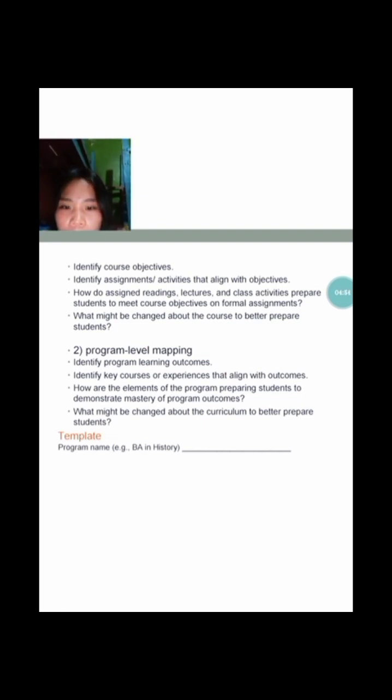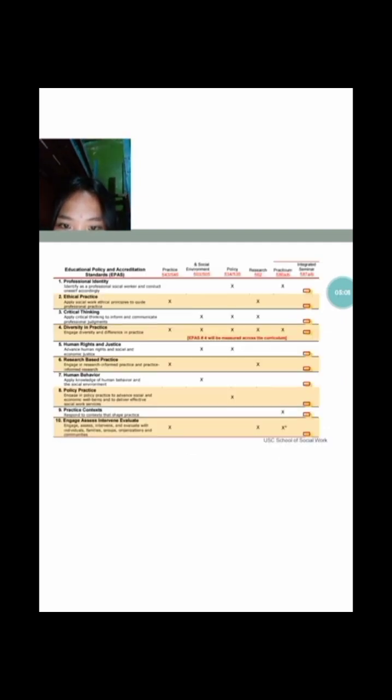And here are the template. Program sample: program learning outcomes, curriculum or streaming assessment, and integrating direct measures.